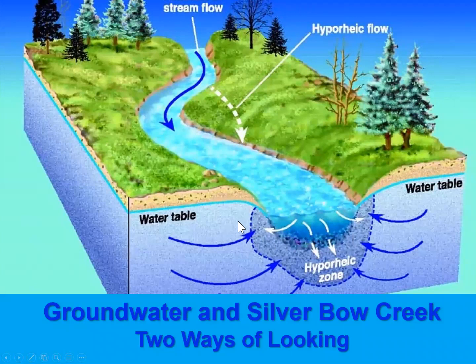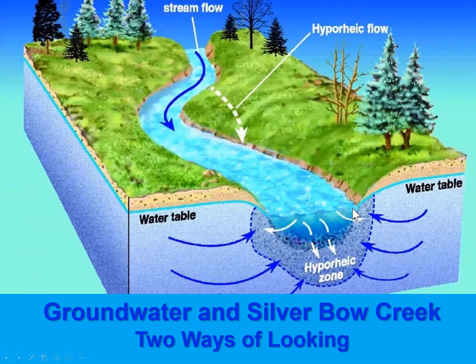Yes, I can. Okay. So what we're really looking at is how does groundwater affect a stream? And so here we have a drawing of a stream, and we're going to call this a stream reach. We could have groundwater either coming into the stream, and we can see over here that the water table slopes down into the creek.